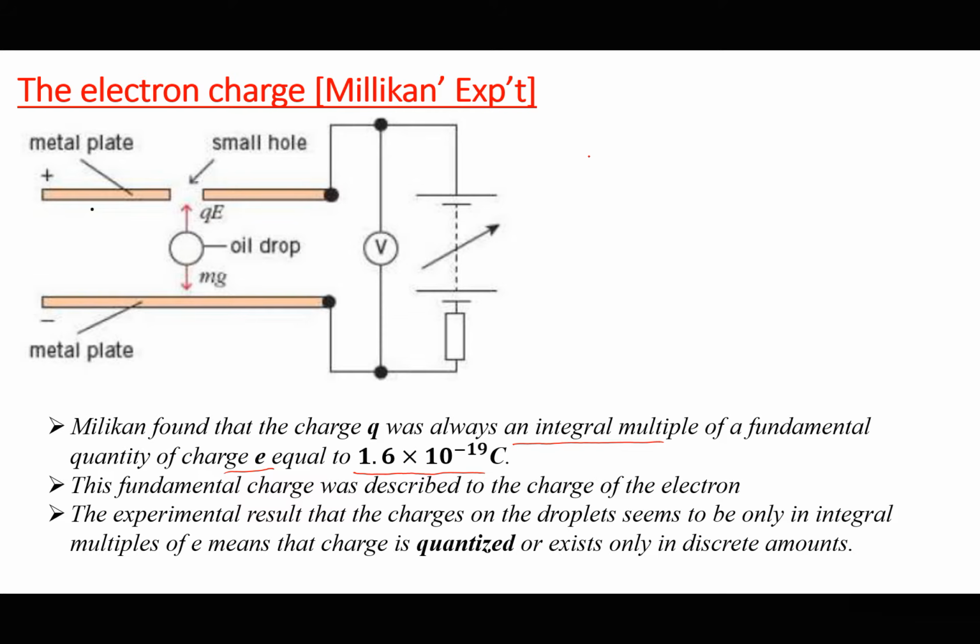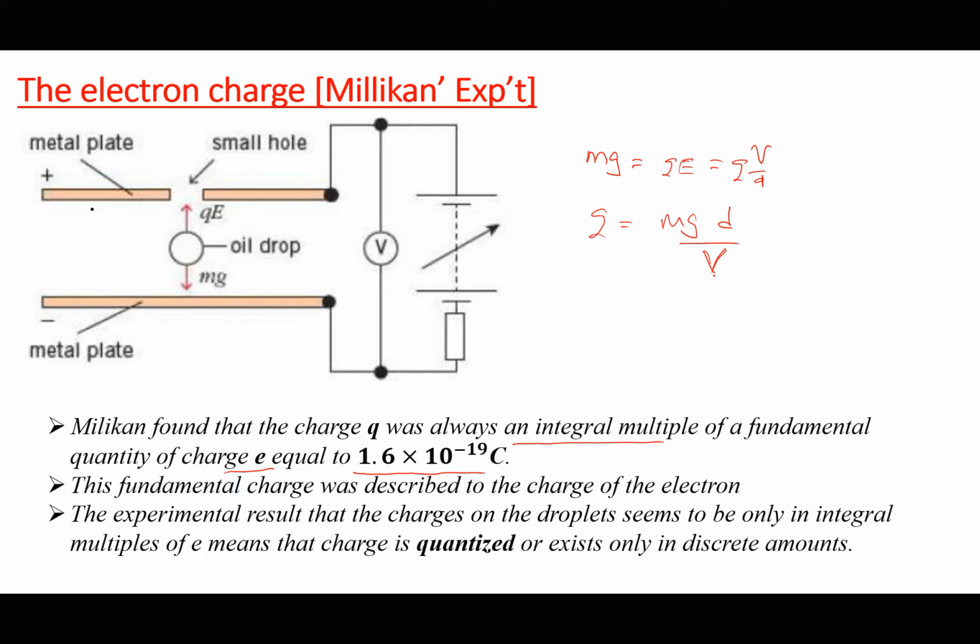Remember, we have seen that the weight mg is equal to the force due to the electric field, which is charge times E, the same as charge times V over D. And we found that Q would be mg times D divided by V. And every time a calculation was taken, Millikan found out that the charge Q was always an integral multiple of E. And E had already been established to be 1.6 times 10 power negative 19 coulombs.